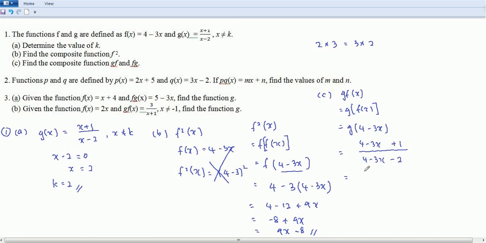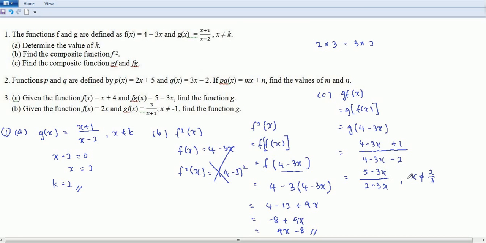It becomes 5 minus 3x over 2 minus 3x. Then we know that x cannot be equal to 2 over 3, because when x is equal to 2 over 3, the function will be undefined because the denominator becomes 0. So gf(x) is (5 minus 3x) over (2 minus 3x).